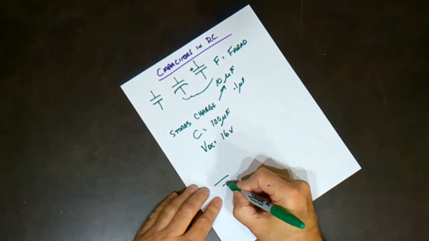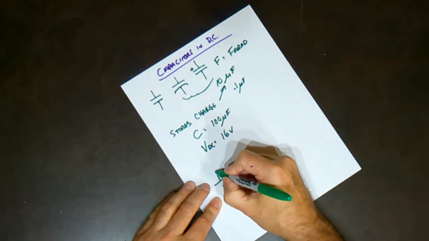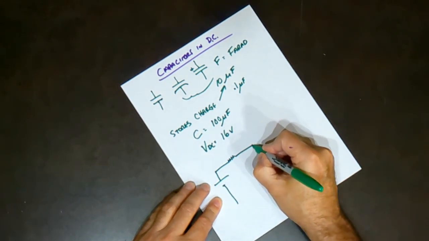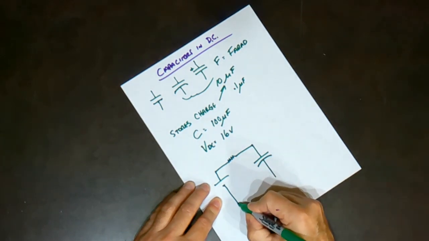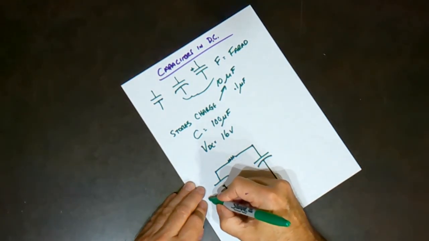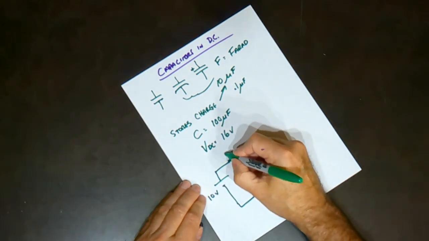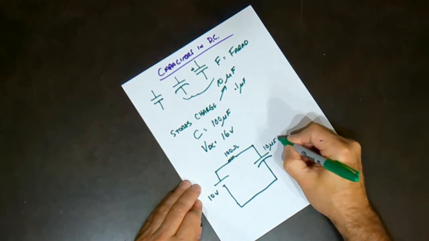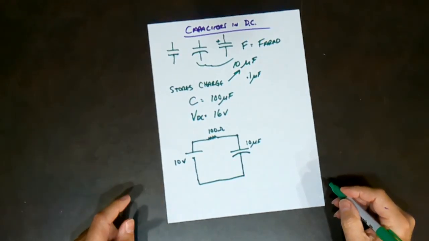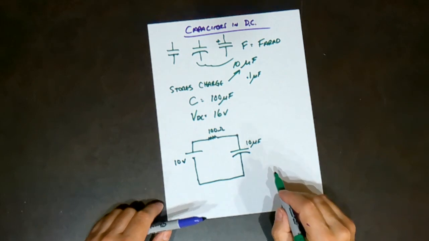If we apply a capacitor in a simple little circuit, so let's say 10 volts, 100 ohms, 10 microfarads, this becomes a charging circuit.